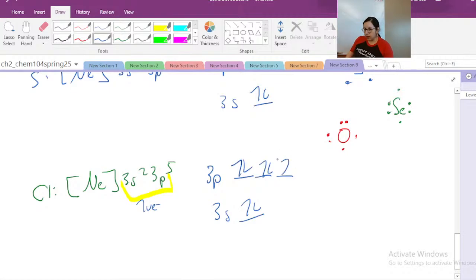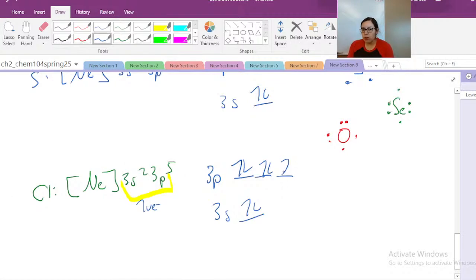And now you're also kind of seeing, I don't know if y'all have heard of the octet rule, we're going to get to that, but now we're seeing where it comes from. Looking at the 3p and the 3s, to be completely full, they want 8 electrons. And so that's why we usually have this octet rule.